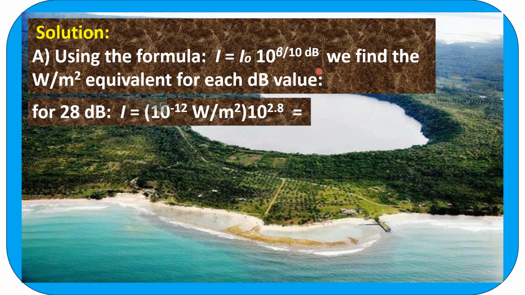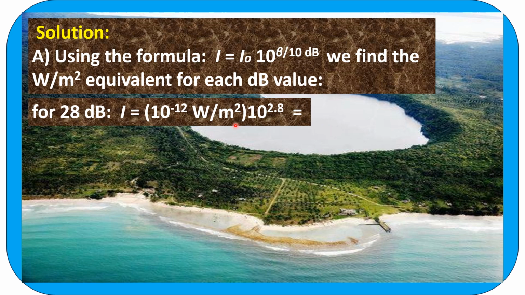For the 28 decibels, its intensity is just equal to I naught, which is 10 raised to the negative 12 watts per meter squared, multiplied by 10 raised to the power 2.8. Alright, 2.8 is obtained by just dividing 28 decibels by 10 decibels.